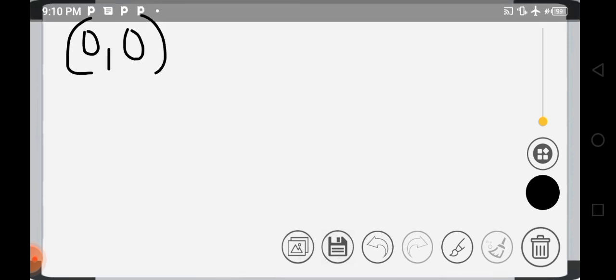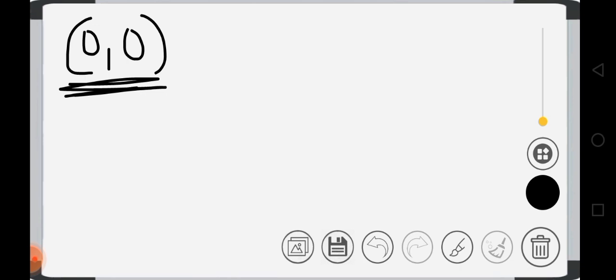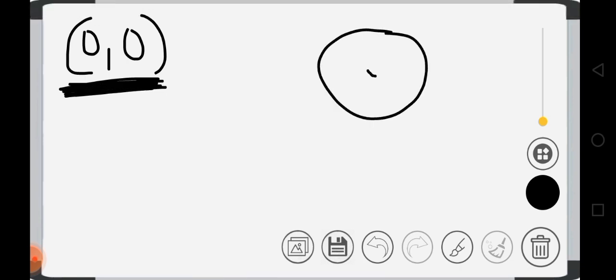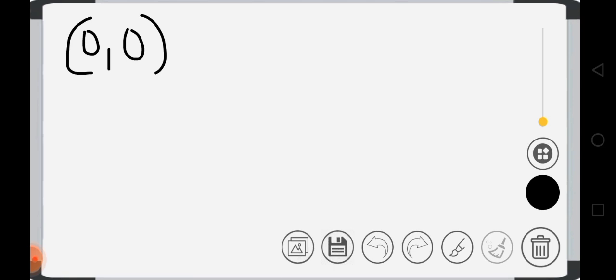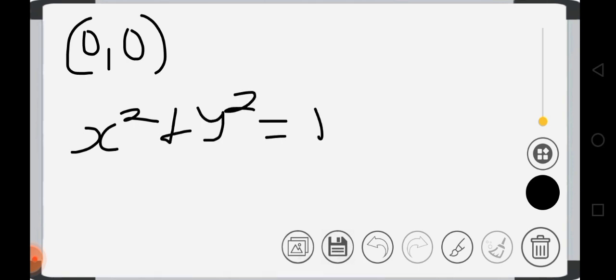So that's the meaning: the center of the circle is at the origin. The equation of a circle whose center is at the origin, that is (0, 0), is given by x squared plus y squared equals r squared. This is how to give the equation.